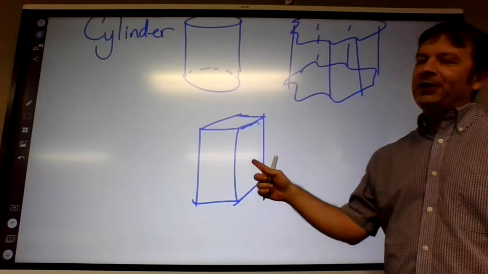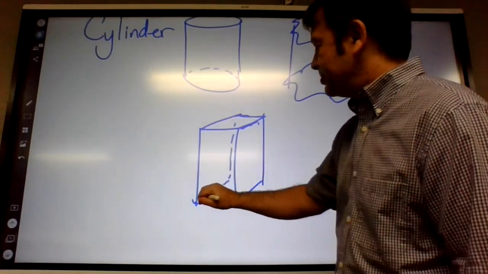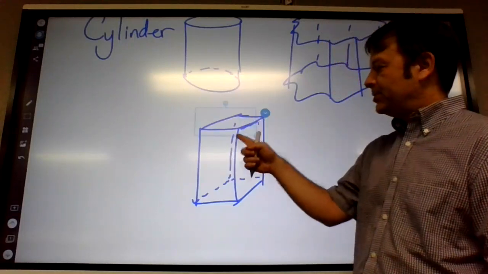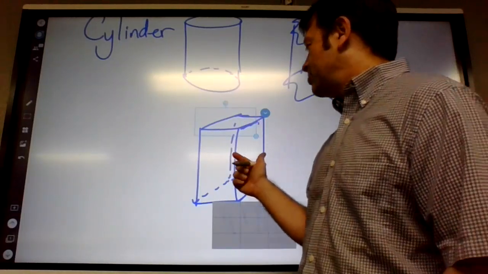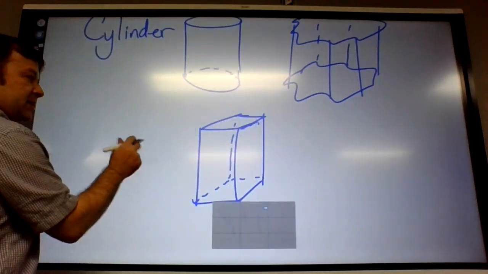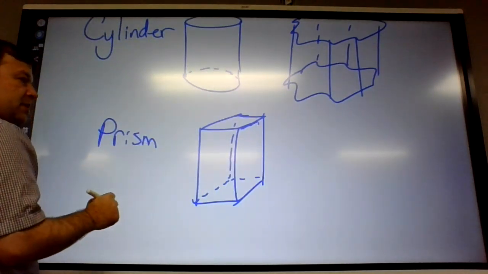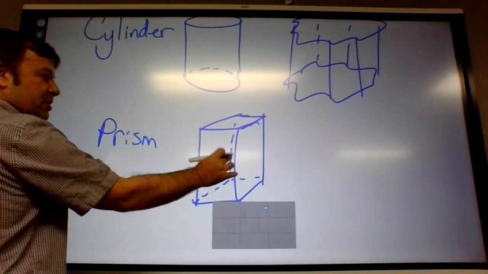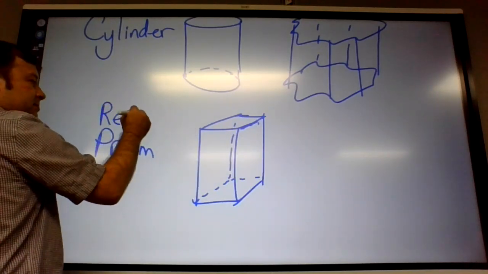By the book's definition, they would call this a cylinder also because it has two identical bases that are connected. But it's got straight edges, so it's better called a prism. Okay, and yes, because the bases are rectangles, this is a rectangular prism.